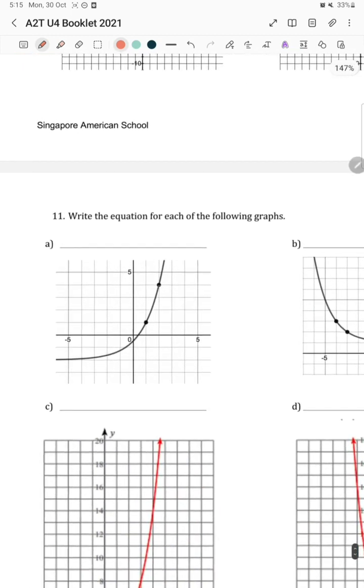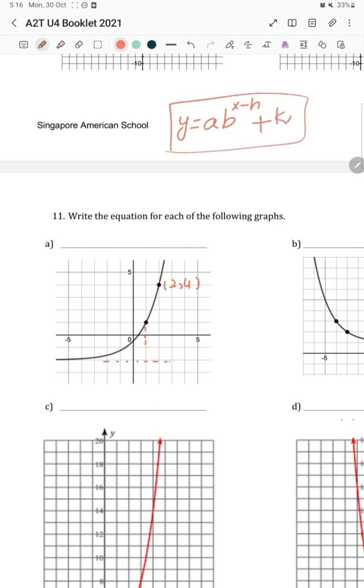First of all, I'm going to see this point is 2, 4, and here we have... I'm writing the actual equation over here. y is equal to a b to the power x minus h, plus k.